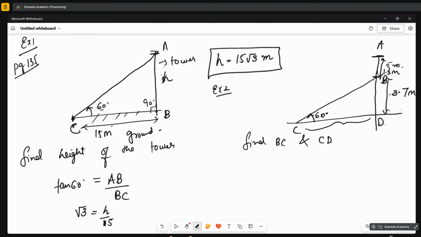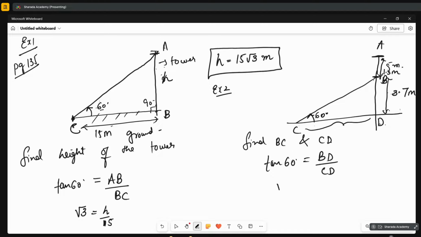I want to find CD, and I know BD, which is given as 3.7. So write down tan 60 degrees is equal to BD by CD.